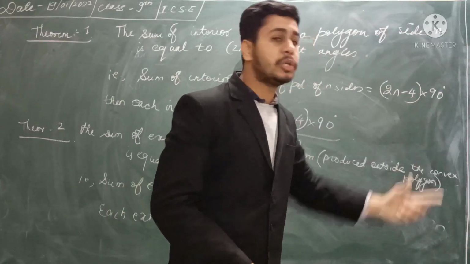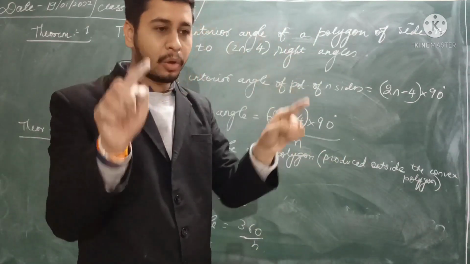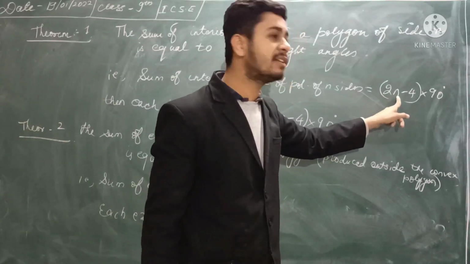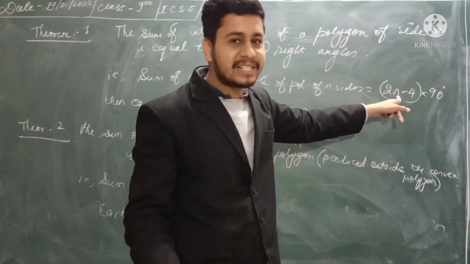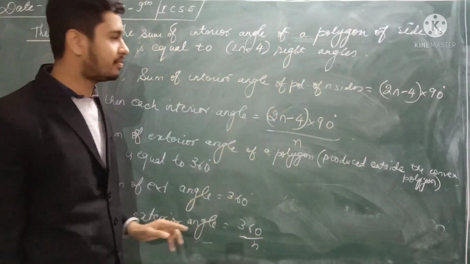With this formula you can find the sum of all the interior angles for a hexagon or an octagon. Whatever the number of sides, whether it is a 5-sided, 7-sided, 10-sided or 20-sided structure, with the help of this formula you can find the sum of the interior angles of that polygon.